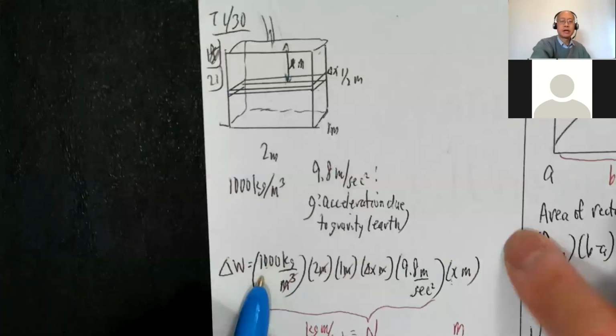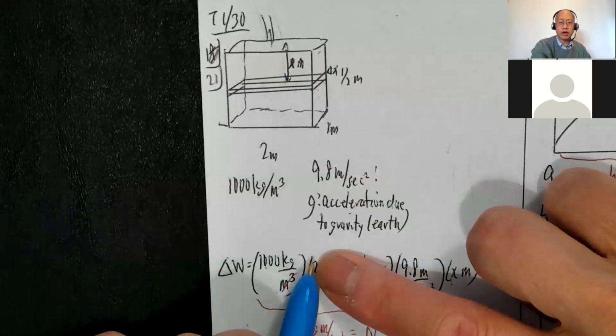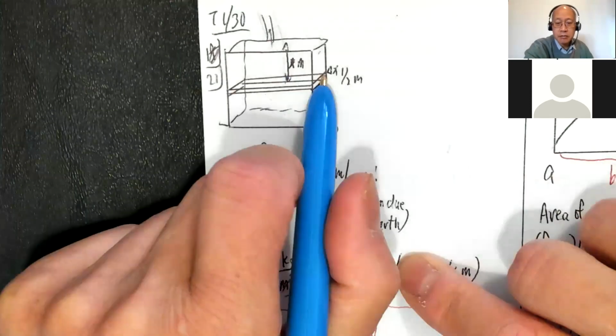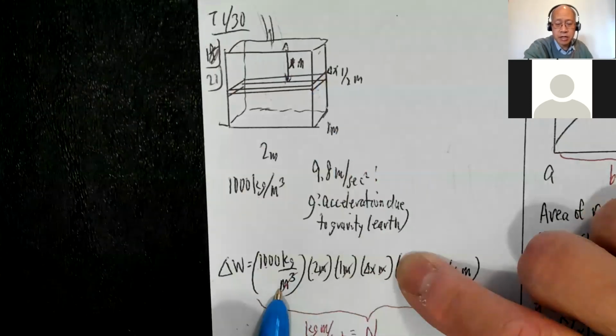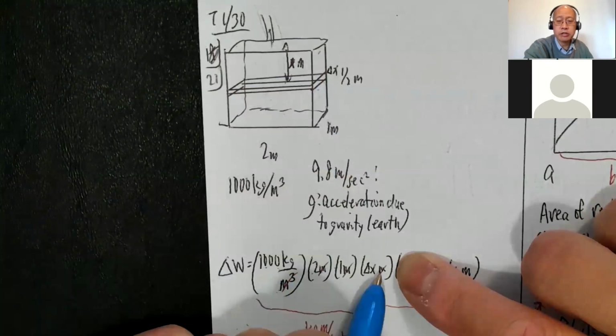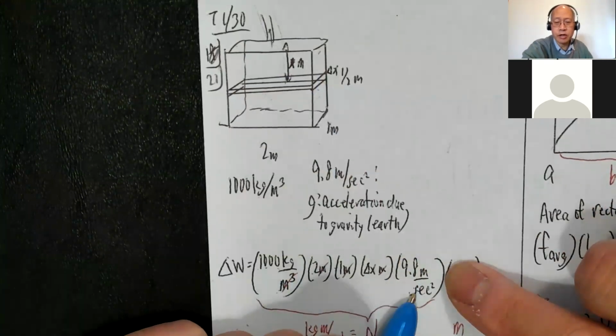Okay, so one more time. Density, 1,000 kilograms per meter cubed, multiplied by the volume, 2 meters by 1 meter by delta X meters. Meters cubed here cancels meters cubed here. I now have kilograms. That's a mass. Multiplied by the acceleration due to gravity, 9.8 meters per second squared. Put this on your cheat sheet if you want.